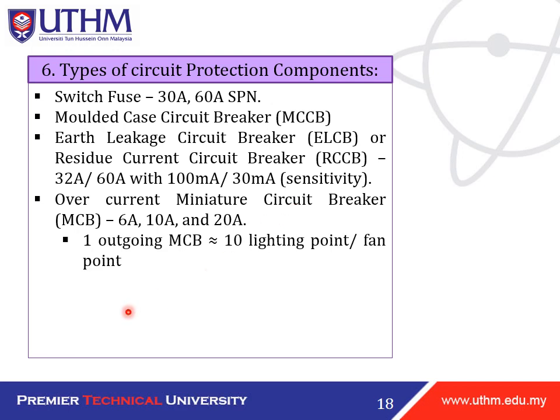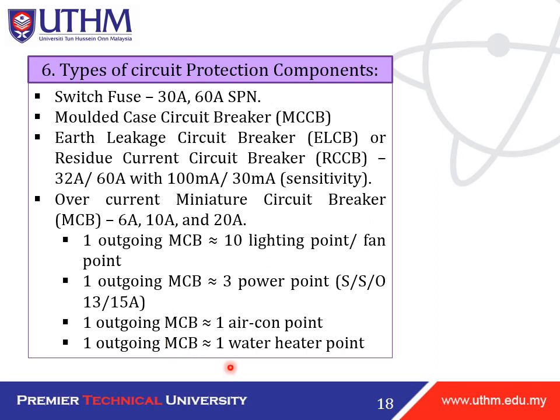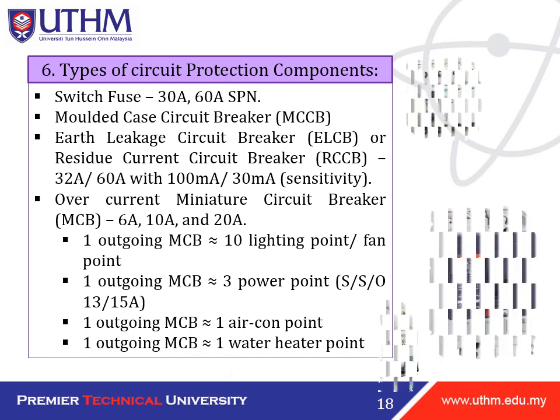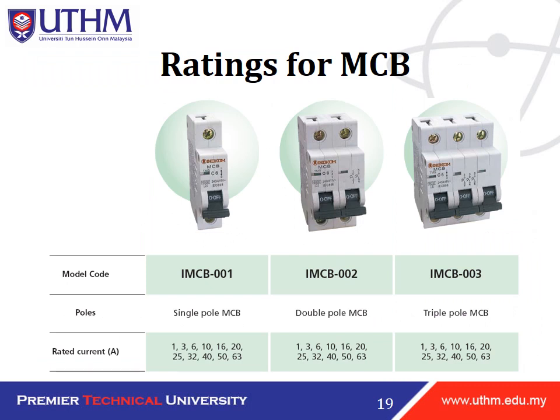For example, one outgoing MCB for 10 lighting points or fan points, one outgoing MCB for 3 power points SSO 13 or 15 amp, one outgoing MCB for 1 aircon point, or one outgoing MCB for 1 water heater point. So this is the example of the circuit protection components.